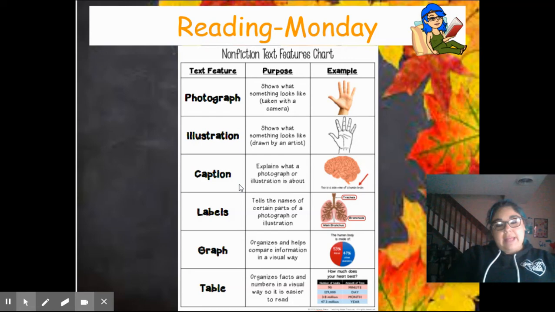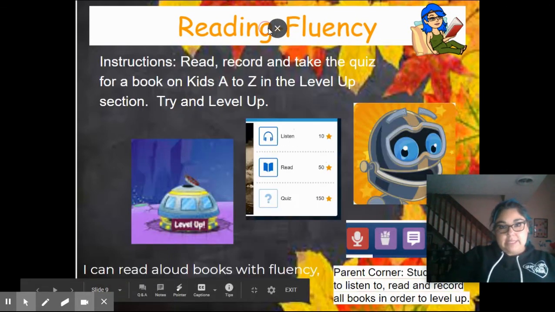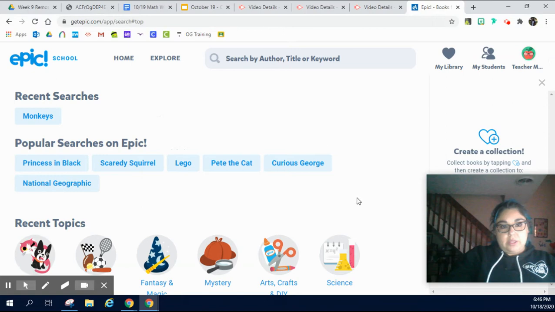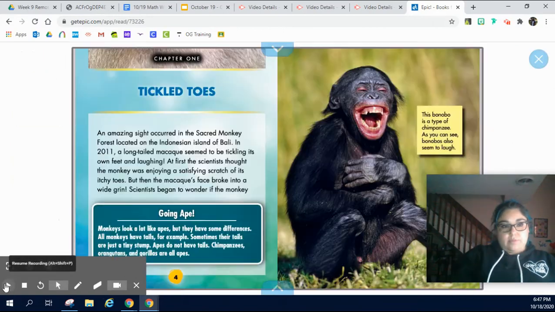All right, let's move on to captions. Captions explain what a photograph or illustration is about in our book. Sometimes they have this, sometimes they don't. I don't think my book has it, but I will show you a book that does.